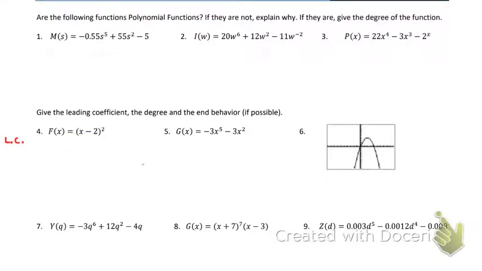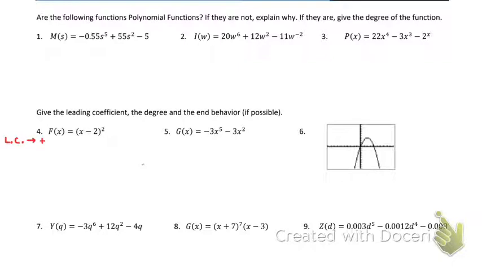All we care about is whether it's positive or negative. There's a 1 there and a 1 there. They're both positive, so my leading coefficient is positive. What does that tell us about the graph?